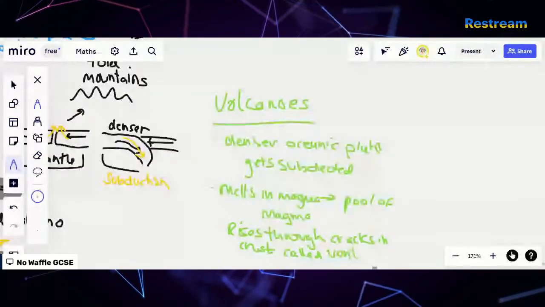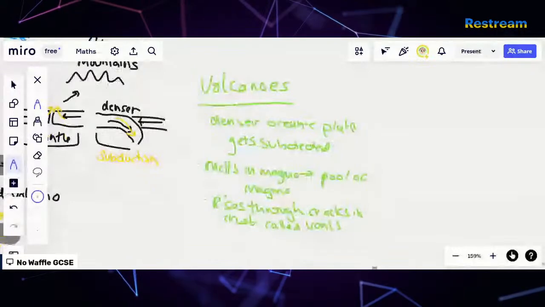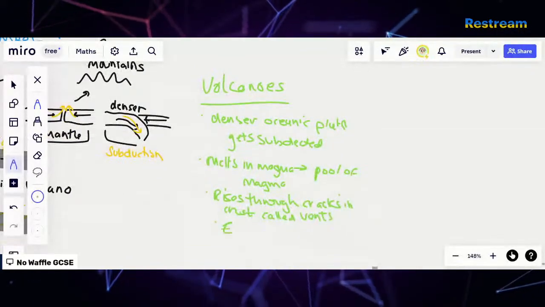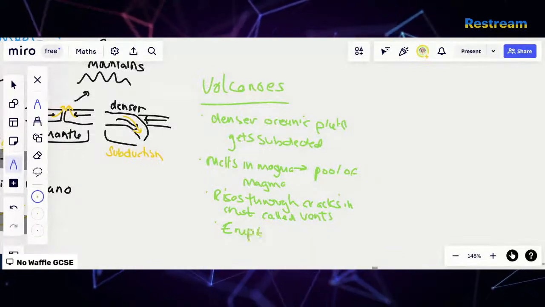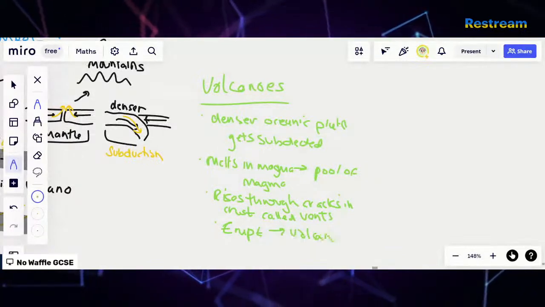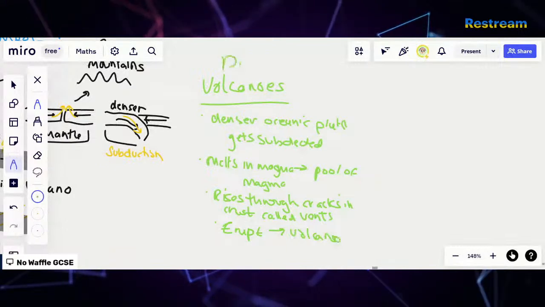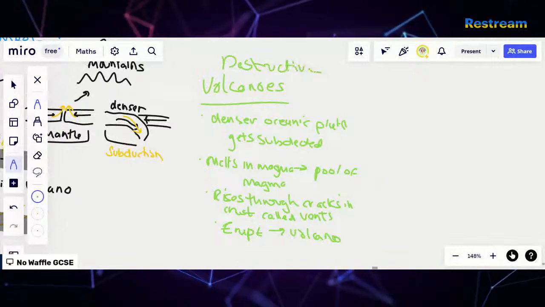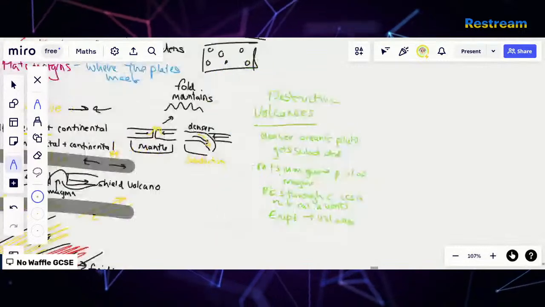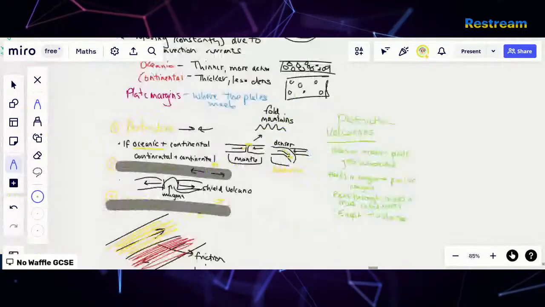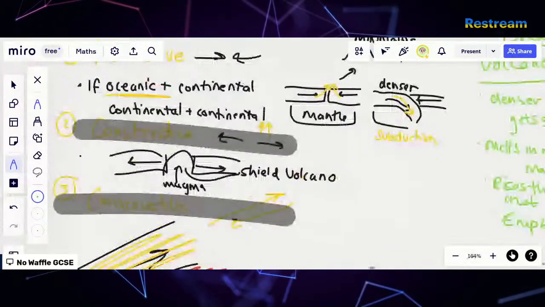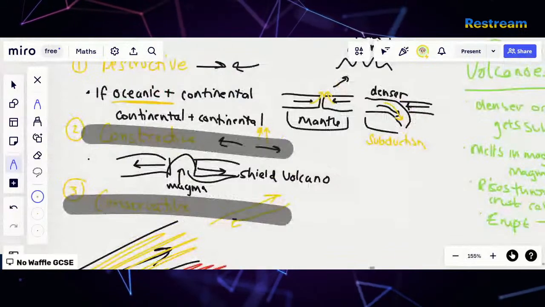And as it rises back up, it can erupt through the vent, creating a volcano. So that's how destructive volcanoes form. Now, how do they form at constructive? As we said, as the two plates pull apart, the magma rises in between the gap and forms a volcano.